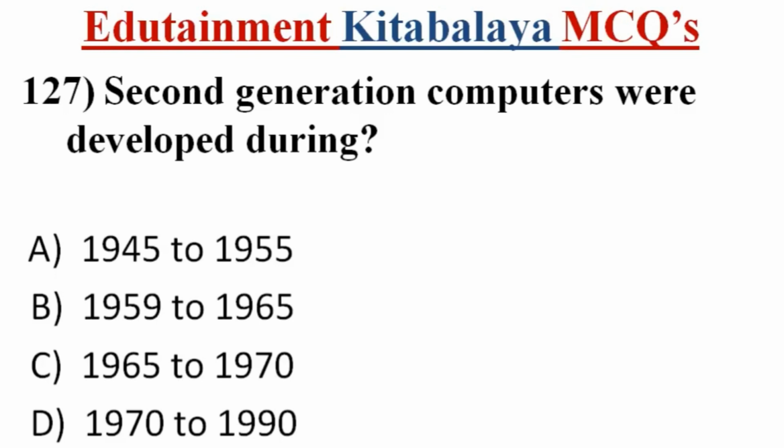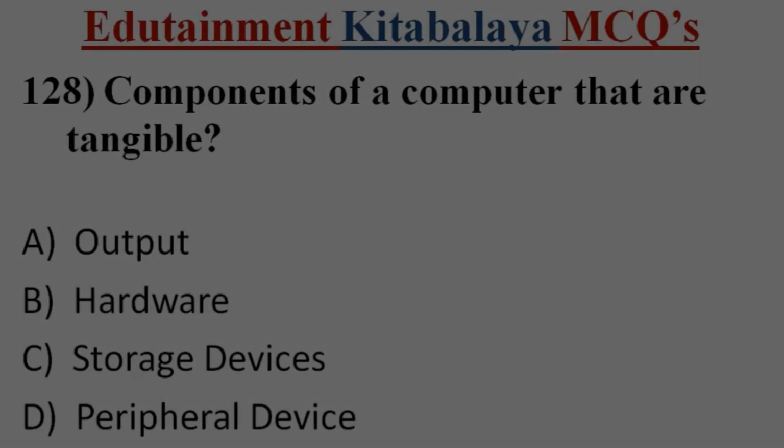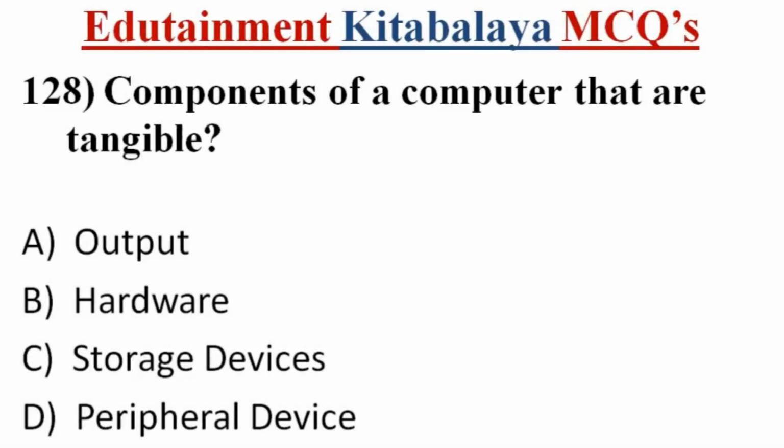Second-generation computers were developed during A. 1945 to 1955. B. 1959 to 1965. C. 1965 to 1970. D. 1970 to 1990. Correct answer is B. 1959 to 1965.